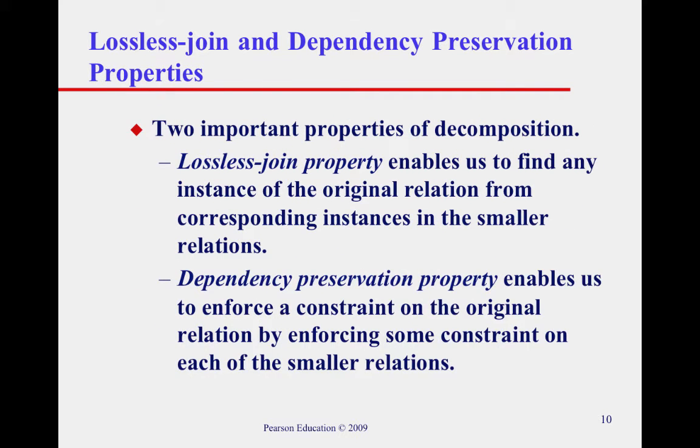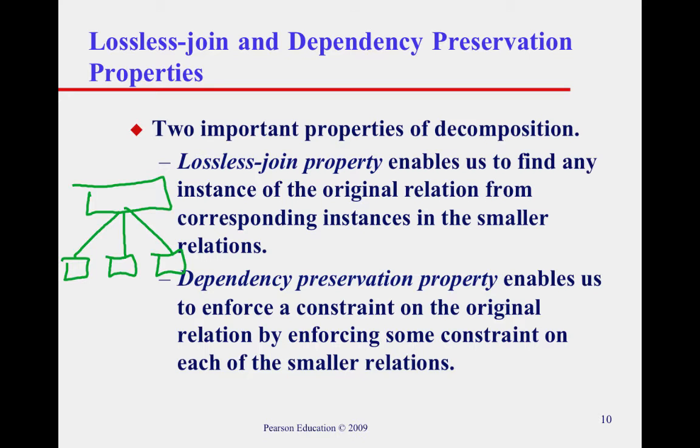So when you are doing normalization, remember we're decomposing or splitting a relation into two or more parts. In this case, we're breaking it into 3 parts. So when we decompose it like that, we need to ensure that 2 properties are met.